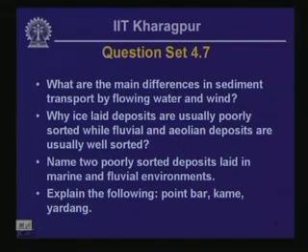Then the third question that was asked was, name two poorly sorted deposits laid in marine and fluvial environments. In marine environments, the sediments that are laid are generally very fine grained because of the very low velocity environments that generally prevail near the bottom of the ocean.